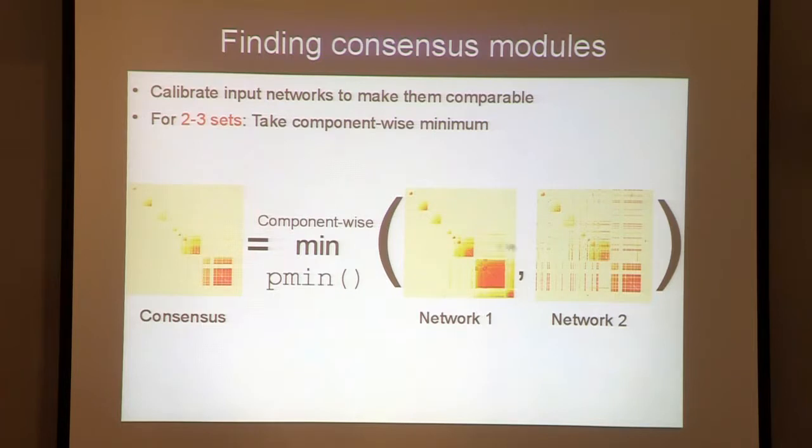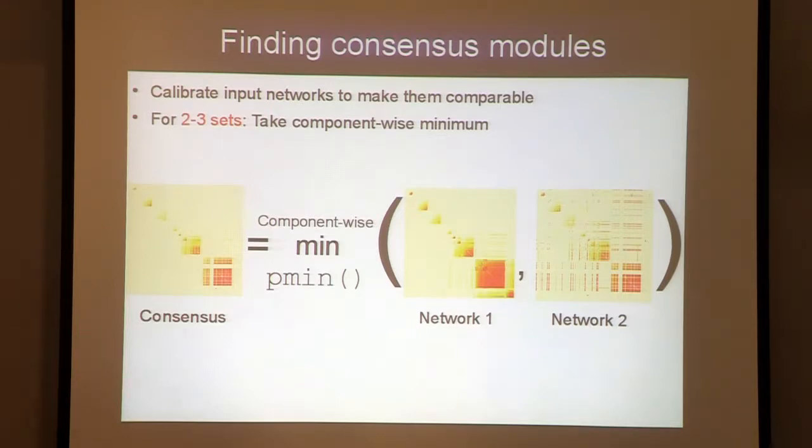As input would be these two network adjacencies, and the component-wise minimum just means that for each component, you take the minimum of this value and the corresponding value here, and you put it in the right place in the resulting matrix. And so you get the consensus similarity, and then you can turn it into a dissimilarity and feed it into a clustering method, for example, like hierarchical clustering.